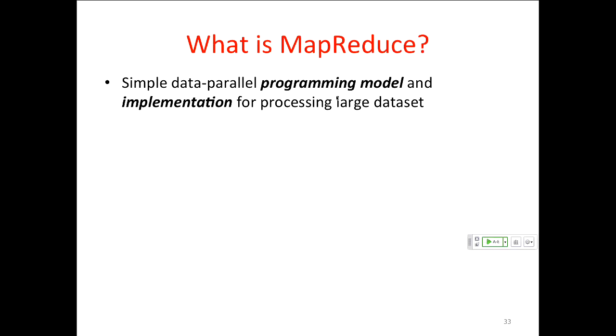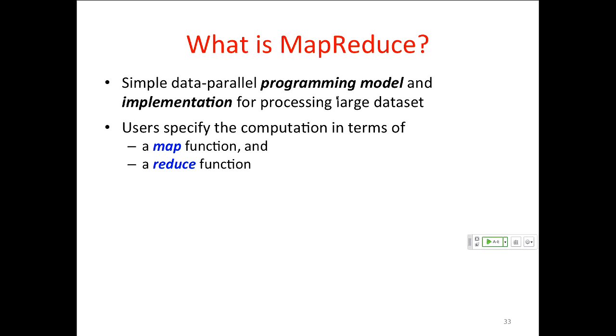Okay, so what is MapReduce? MapReduce is first a programming model for data parallelism. It basically provides an interface to software developers, and it is also an implementation to support this interface. From the interface perspective, we have two functions. One is map, and another is reduce.